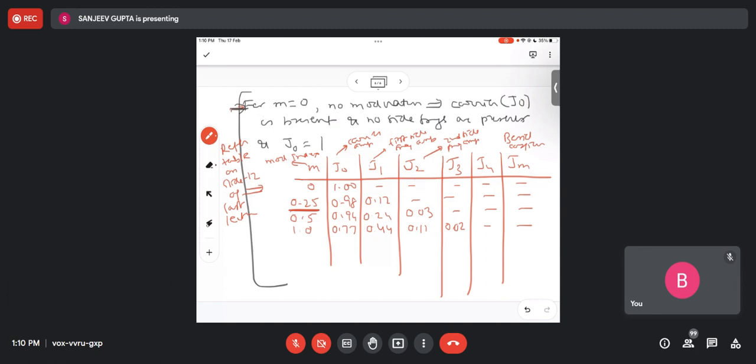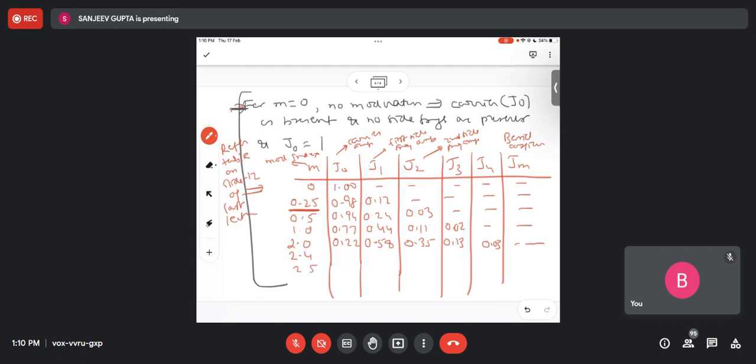Then I will add one more, which is 2.0: 0.22 and 0.58. Don't worry, there are slight differences in the values because these are rounded off. 0.35, 0.13, 0.03.